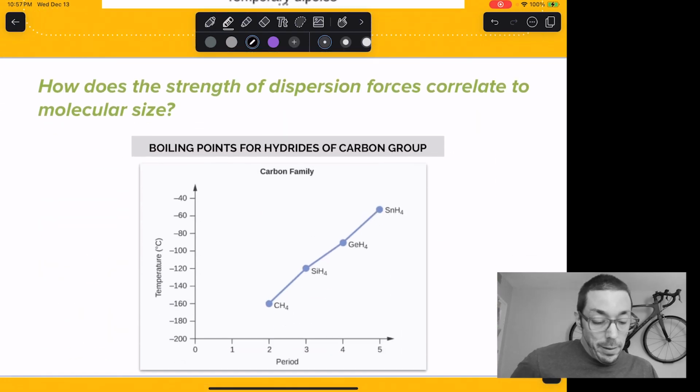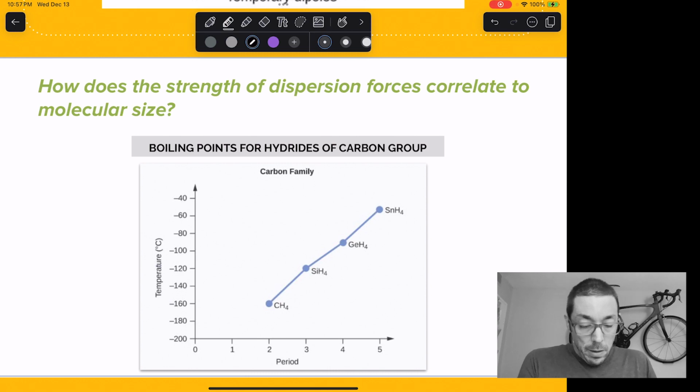So the idea here is the more dispersion forces you have within a molecule, the more they add up to a stronger overall attractive force. And what makes more dispersion forces? Well, it's all about electrons. So the more electrons you have in your molecule, the more dispersion forces are possible.